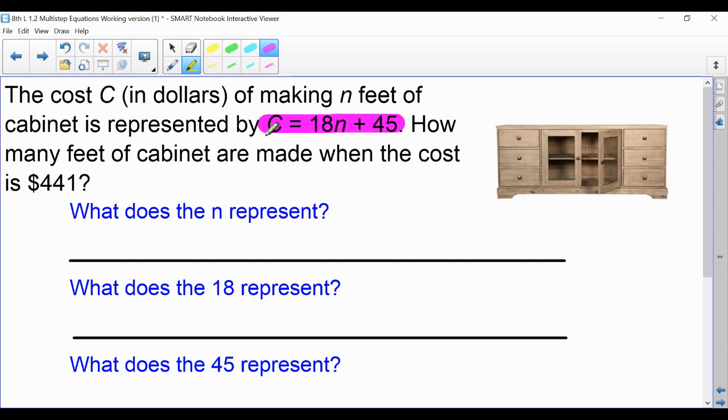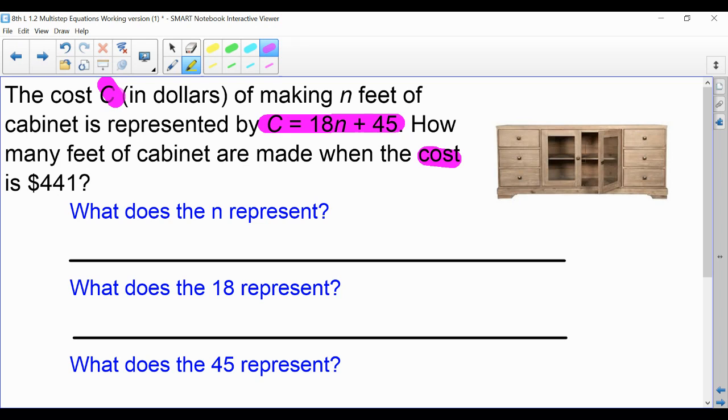It tells us that the cost, right, C dollars is 18 times n, so 18 per n, plus something, 45, that never changes. How many feet of cabinet are made when the cost is $441? So it's telling us now that C equals 441.